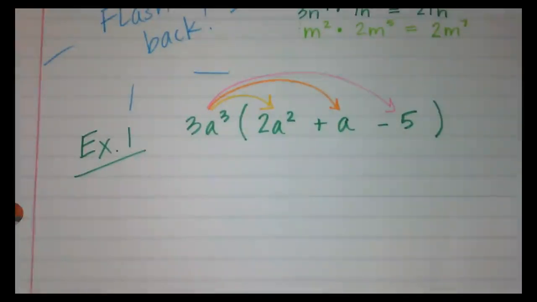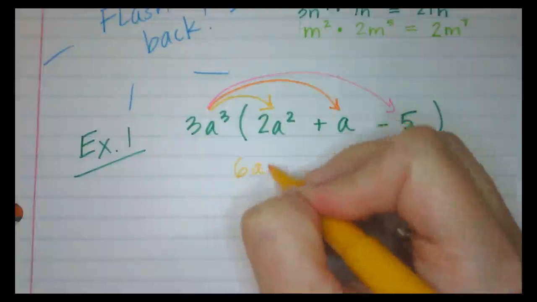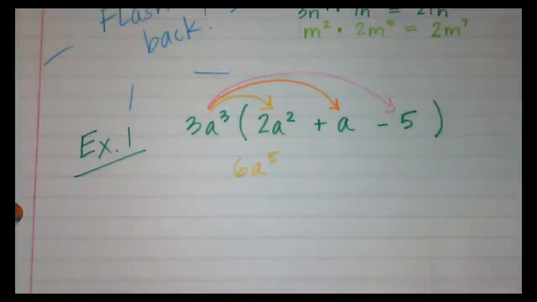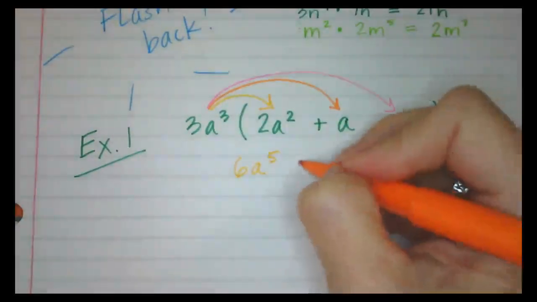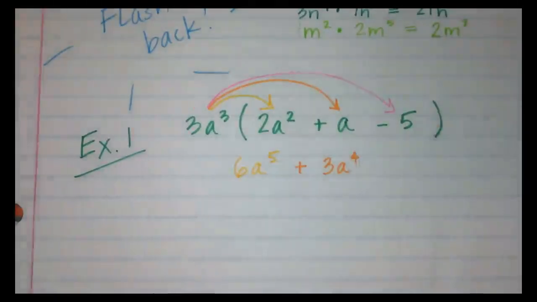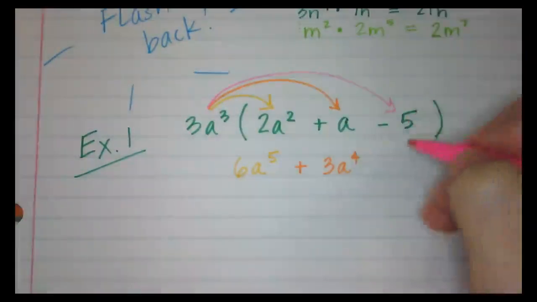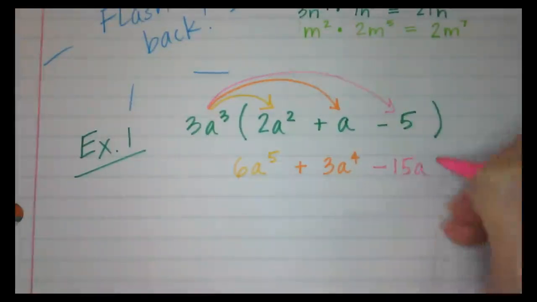So 3a cubed multiplied by 2a squared gives me 6a to the fifth. Now I multiply 3a cubed by the positive a, which is a positive 3a to the fourth. Then I distribute 3a cubed to negative 5, and that is negative 15a cubed.